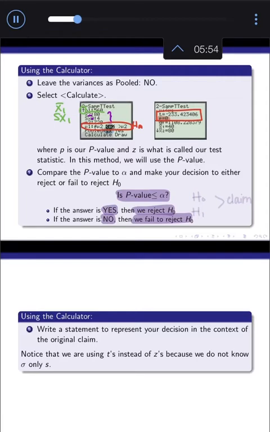That means we'll list out just like before, our H naught and our H1, and we'll figure out which one of these is our claim and whether or not we're rejecting or failing to reject. And then we'll come up with our final statement. What does this mean in terms of the claim? But again, be careful. We're using T's, not Z's, because we only have S, not sigma.